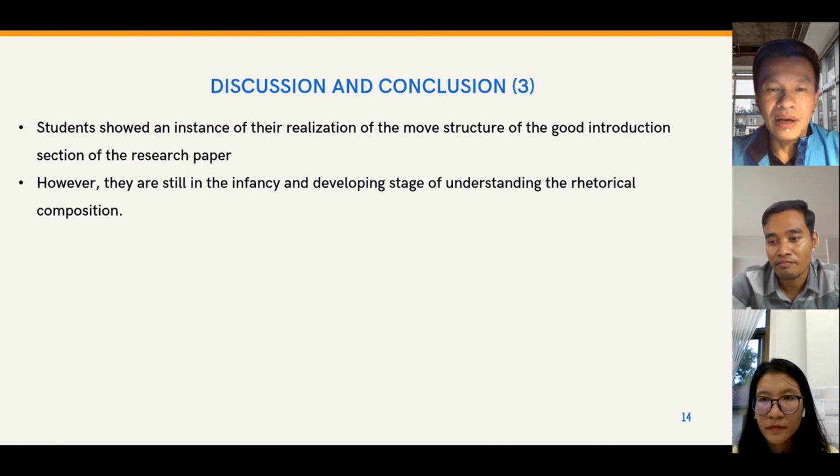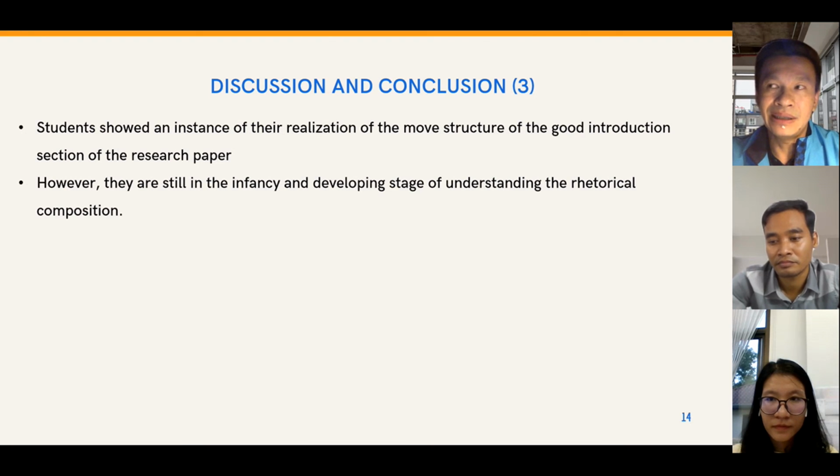This was shown by the observation of the incompetent use of verb choices, in which they need to use the present simple tense in order to show newness and freshness for Move 3A, outlining the research purpose.